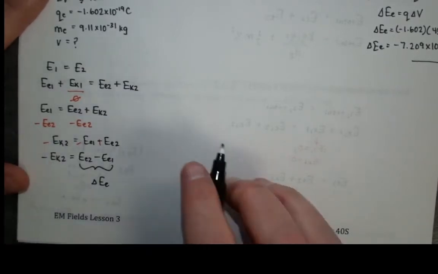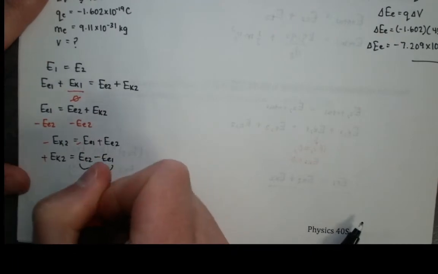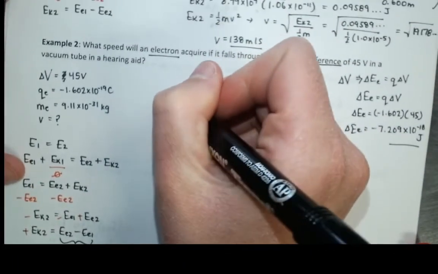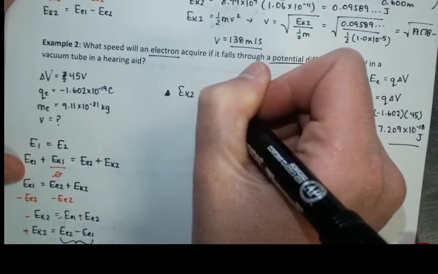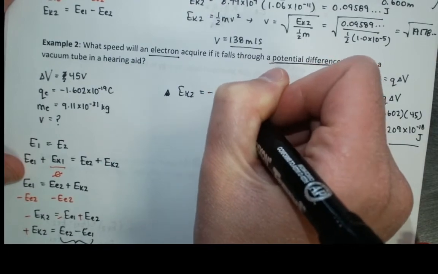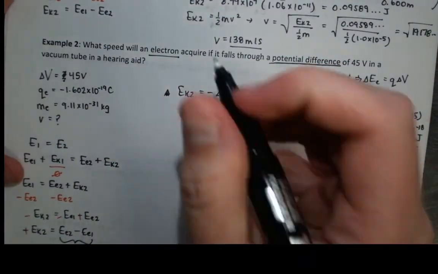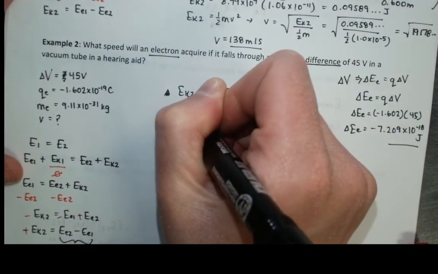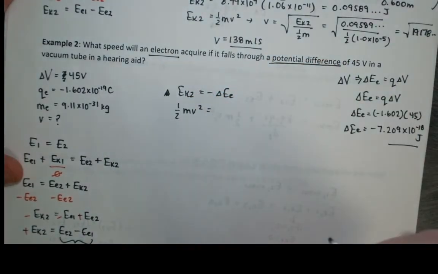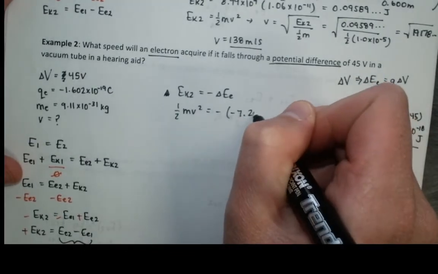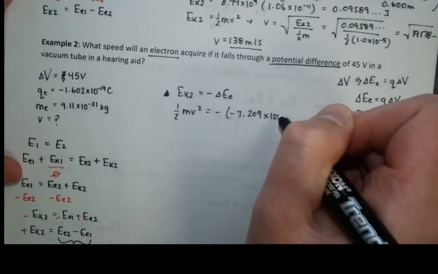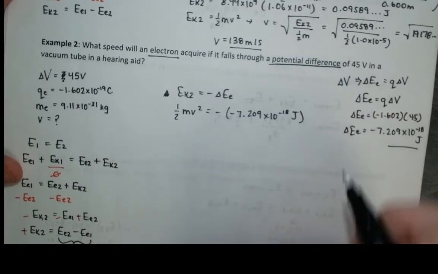Now, when we're solving for something, it's not nice to have a negative with it. So let's just reverse the signs on here so that we're left with EK2 equals negative delta E. Half mv squared is equal to negative 7.209 times 10 to the power of negative 18 joules.